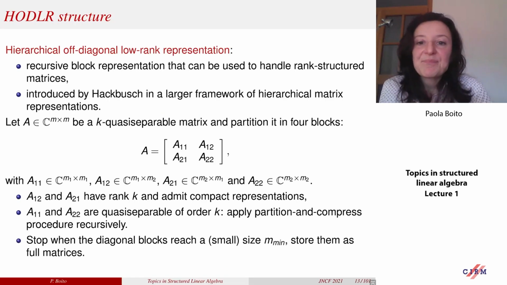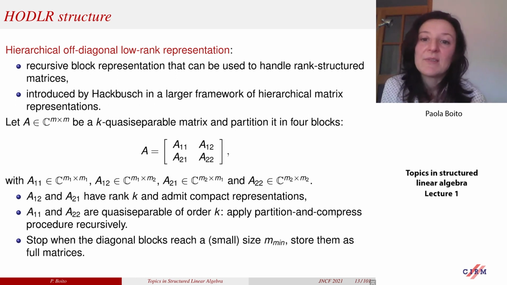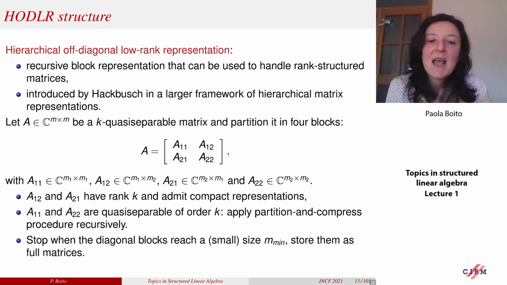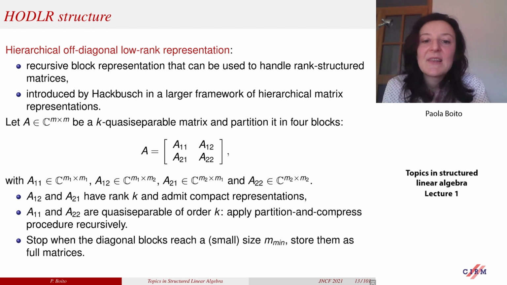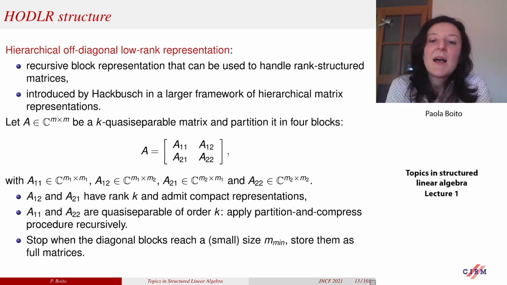Okay, so on this theme, I'd like to mention another kind of representation for quasi-separable and related rank structure matrices. That's known as HODLR representation. HODLR is an acronym that stands for Hierarchical Off-Diagonal Low-Rank Representation. What does this mean?